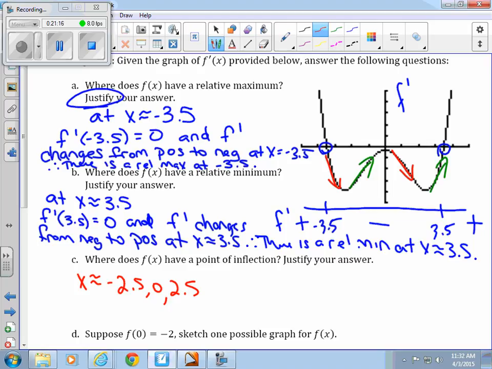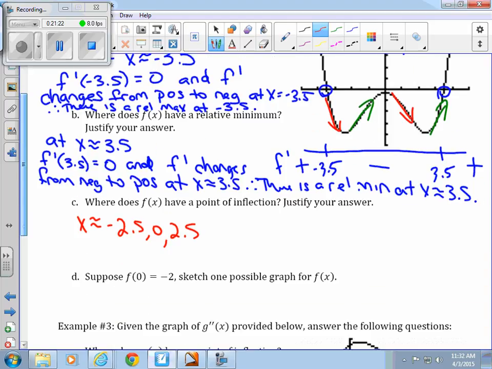Now you need to justify why those are points of inflection. So you tell me why those are points of inflection. And there's not only one correct answer. Okay, good.